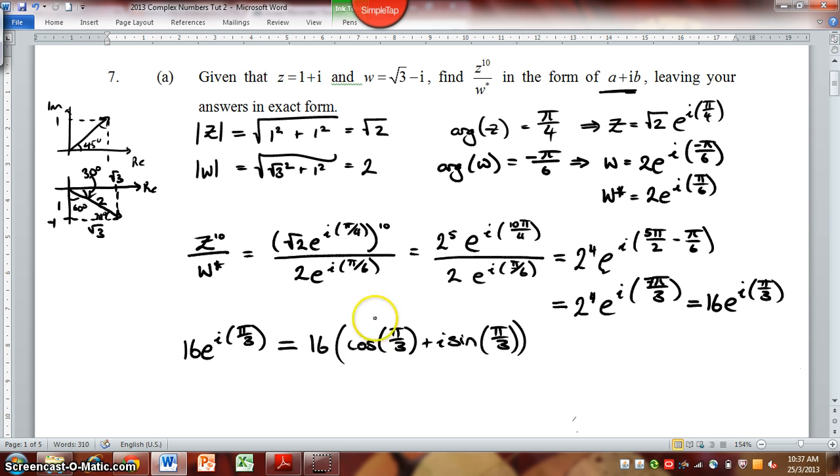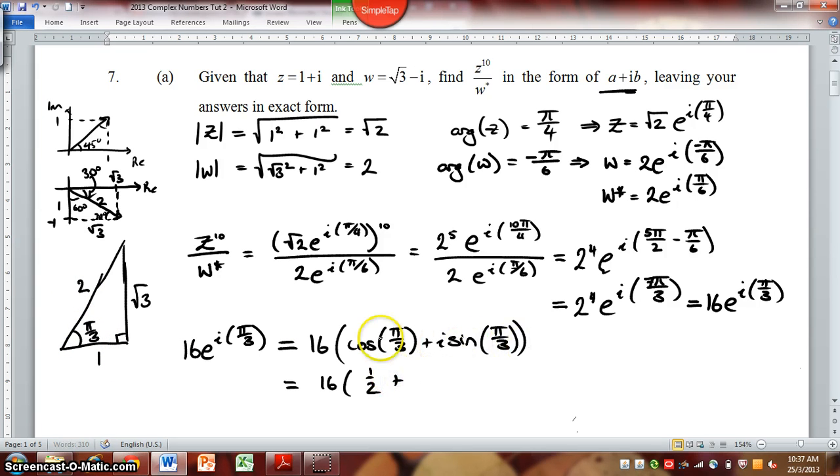But what do I know about cosine pi upon 3? And again, this is where knowing my 1, 2, root 3 triangles come in very handy. This is my 1, 2, square root 3 triangle, where this would be pi upon 3. So cosine of pi upon 3, opposite over hypotenuse, will be a half, so this would just be 16 times a half.